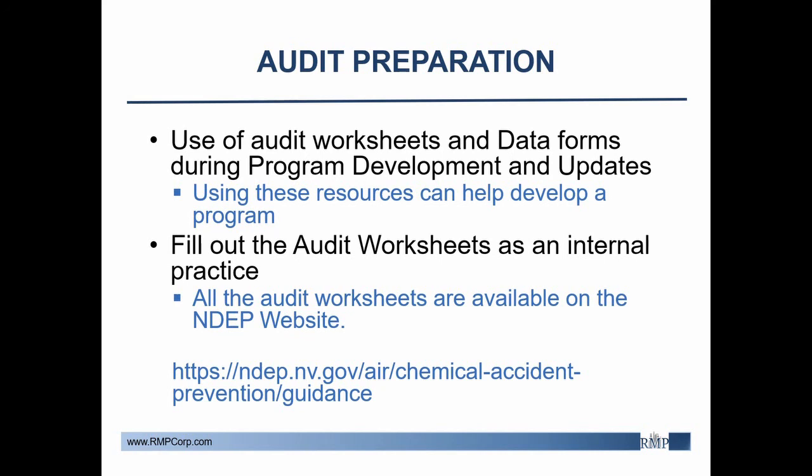These are living documents, so if things are lost along the development of the process, it can lead to redundancy where you have to go back and look and see everything that you have. All the audit worksheets are available on the NDEP website at the link below. And not only can guidance be found here, but also the Word and PDF files of the actual audit sheets used when a regulator comes on site.